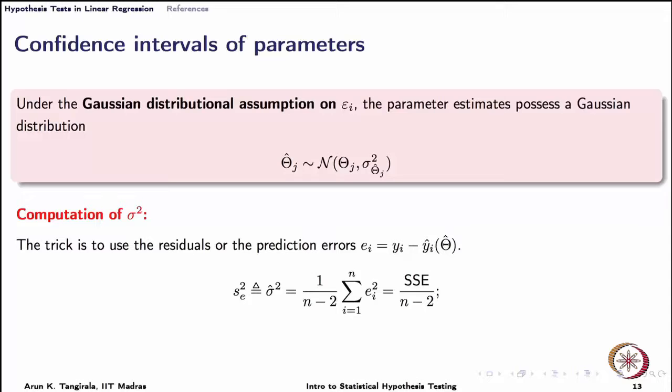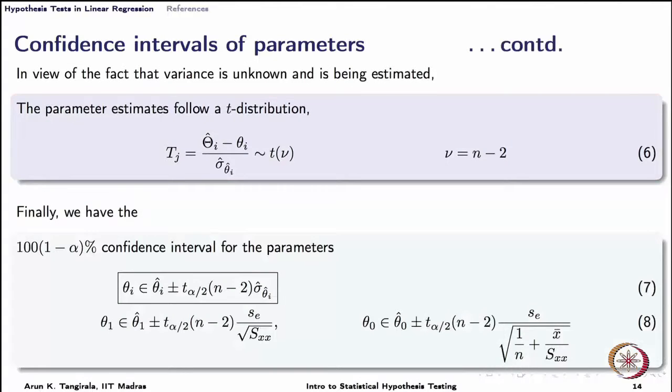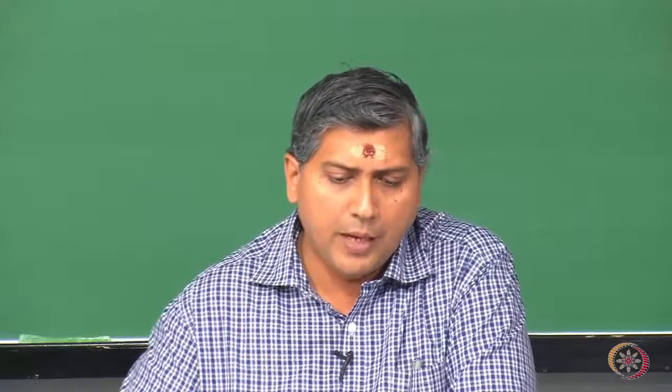If the sample size is large, again one can return to the Gaussian distribution, but it is always better to work with the t distribution. Therefore, the statistic theta I hat minus theta I, where strictly speaking this theta I is nothing but the truth, the postulated value, divided by sigma hat theta I hat. Here sigma theta I hat is the standard deviation of the ith parameter, and sigma hat is the estimate.